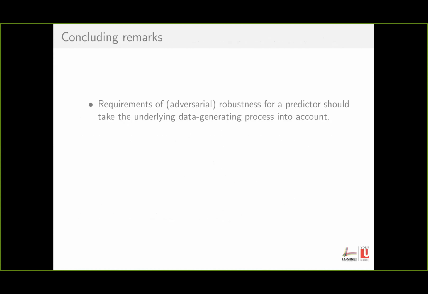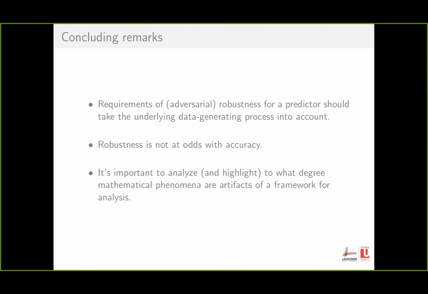So in summary, what we're aiming to argue here is that the requirement for robustness should take the underlying data generation into account. Robustness should not be at odds with accuracy.